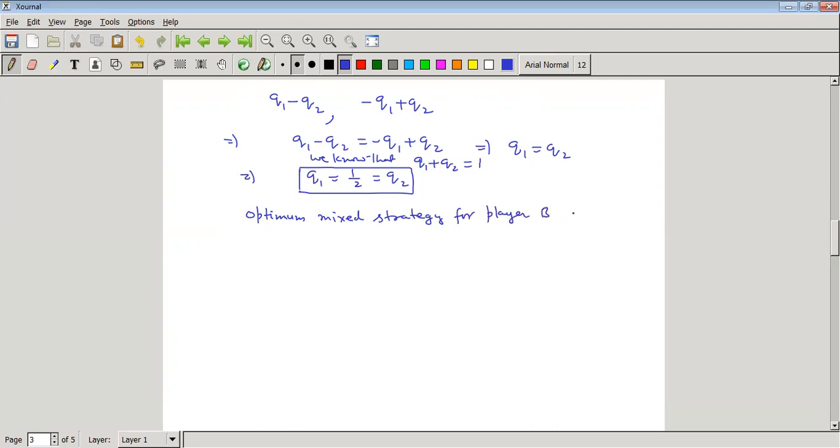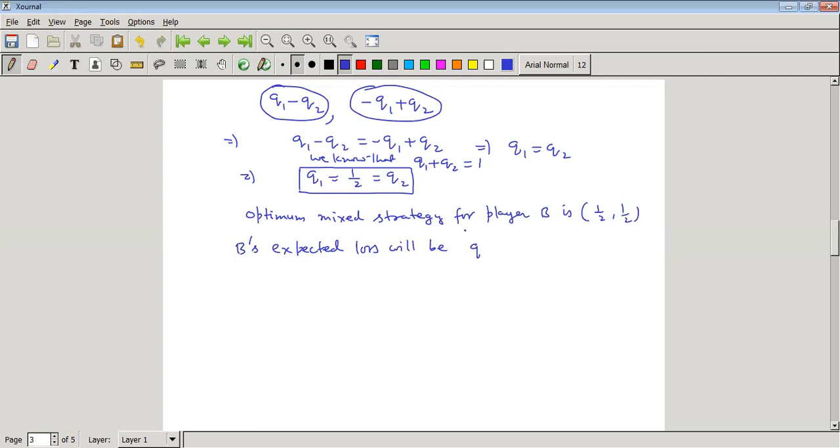is again half and half, 1/2, Q1 comma Q2, that is 1/2 comma 1/2. And B's expected loss will be, we put the value of Q1 and Q2 in any one of the equations, either here or here.